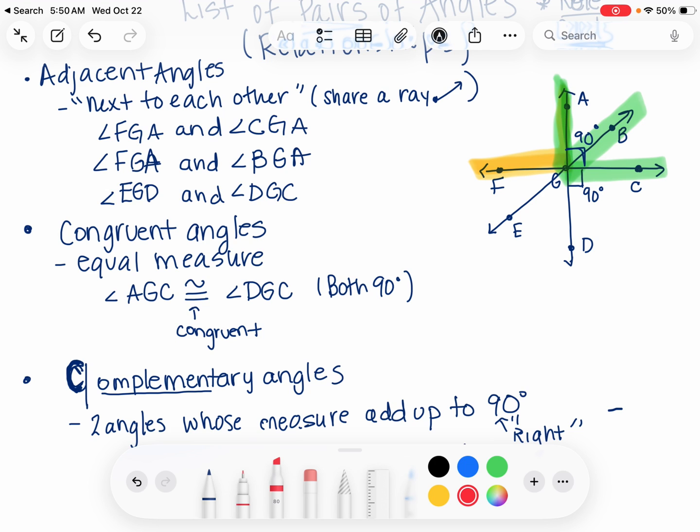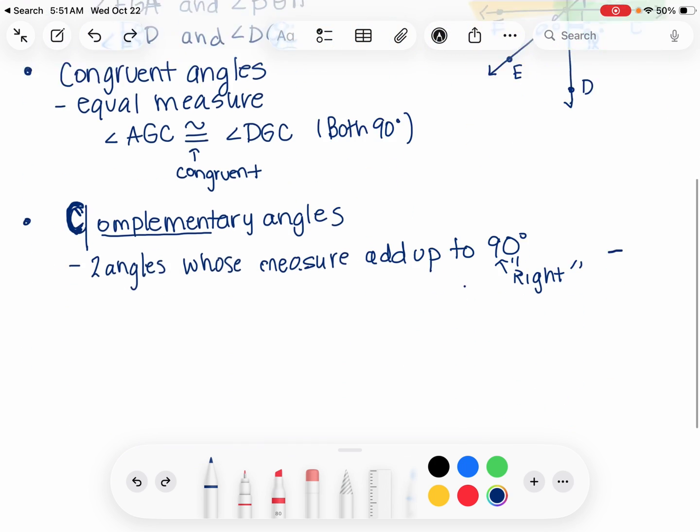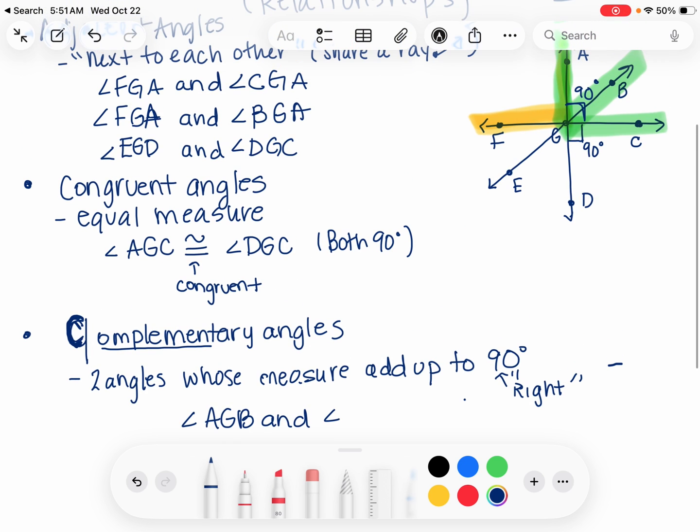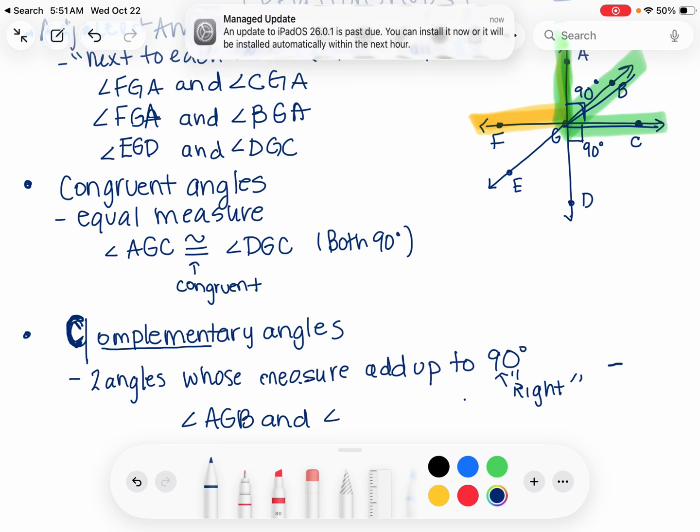If you look up here, this 90 degree angle here is made up by two angles. What two angles? Well, you can say angle AGB next to angle BGC makes up the whole angle. Remember, we talked about a part plus a part equals a whole. So together, they made up that 90 degree angle. So we're going to say angle AGB and angle BGC, right?